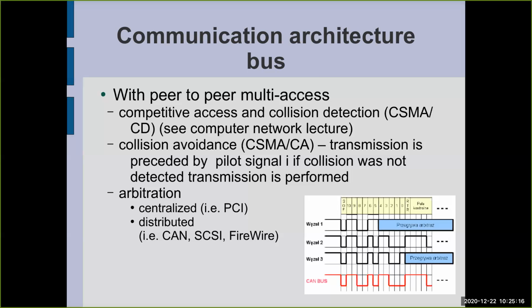So there are no separate wires which connect your lights with the controller or board computer or your air conditioning system or other devices or peripherals in your vehicle. But they are connected using 2 wires, and these wires are shared among all the nodes. This interface is called CAN.